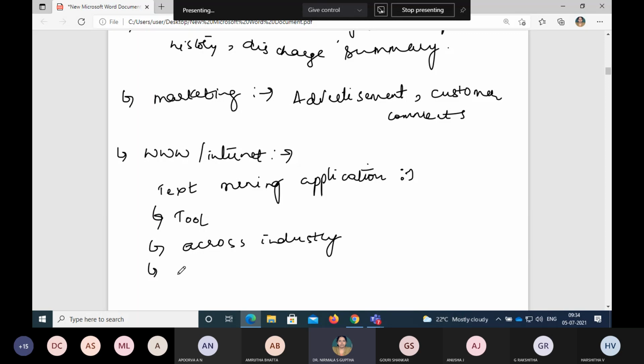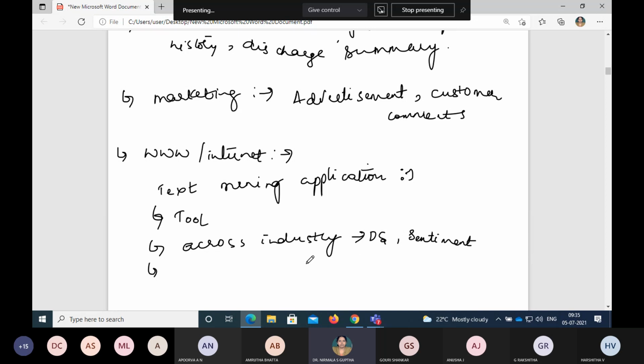Very few we are going to discuss, because text mining can be used across different domains or application areas, which can include decision support. Or it could be sentiment analysis, because your FB data, your WhatsApp data will help anyone do sentiment analysis.